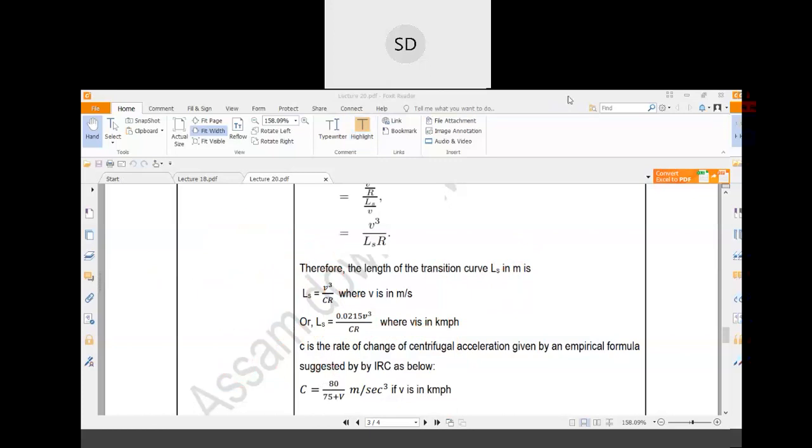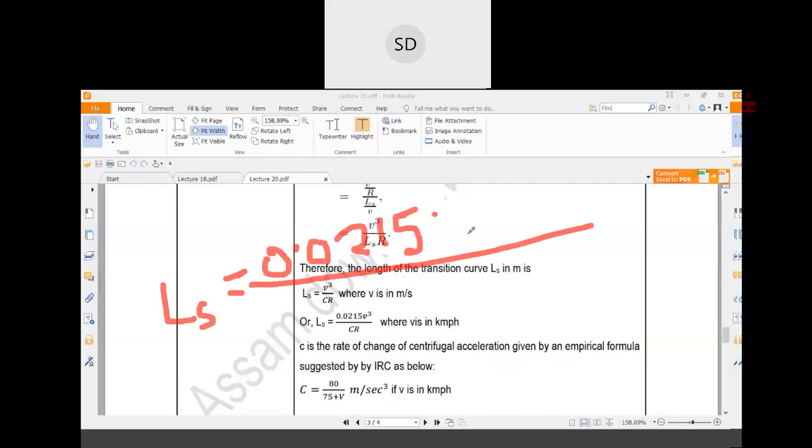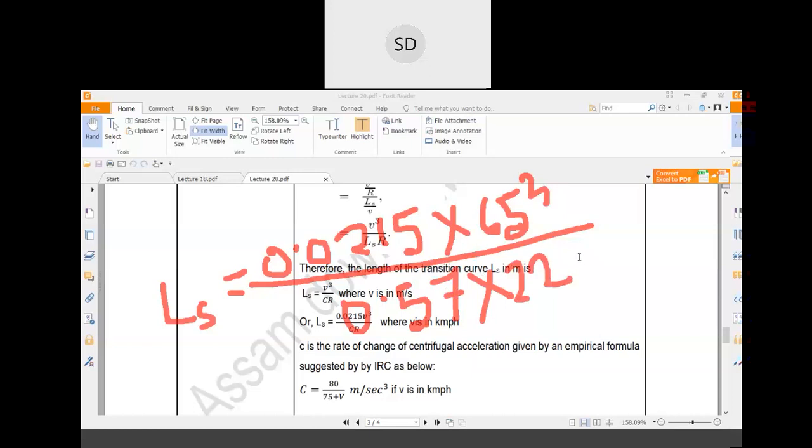Now how to calculate the value of LS? So your value of LS is 0.0215 divided by 0.57 into 220.